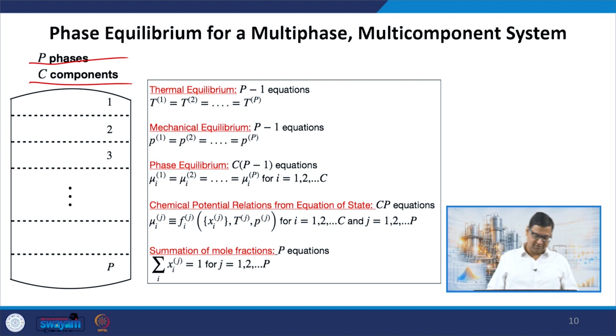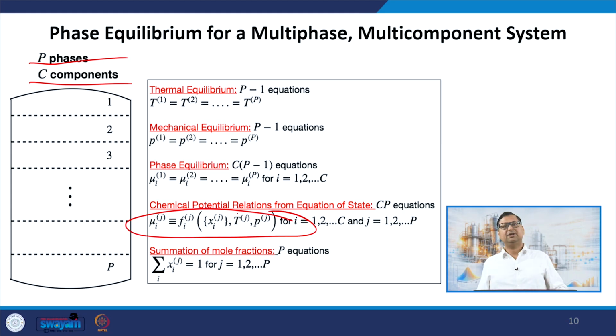And what we have also said earlier, that the chemical potential has to come from where? It has to come from the equation of state or some kind of property relation that is coming from equation of state. So, you will also have to figure out the chemical potential from the equation of state. And finally, in each of these phases, I can define some mole fractions xi. Let us say for phase 1 it is xi for phase 1, and here let us say xi of phase 3, and clearly since it is a mole fraction, it should sum to 1 in each of the phases, right.